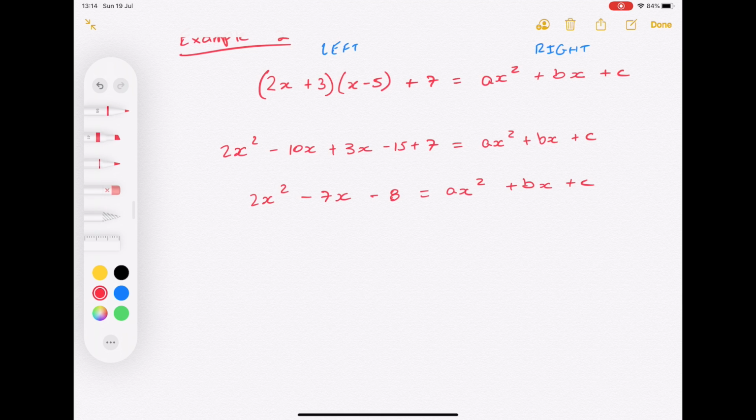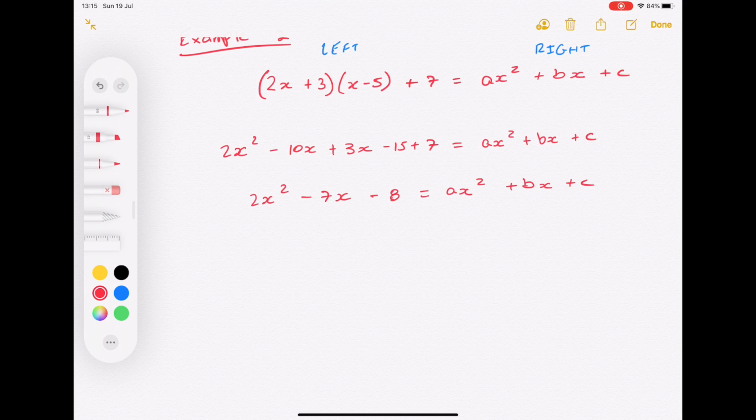So now we have a simplified equation. Let's double check this. Yeah. Okay, so now we have our simplified equation. These two sides, the left-hand side and the right-hand side, are much more comparable now. So our equation looks ready to make comparisons on.